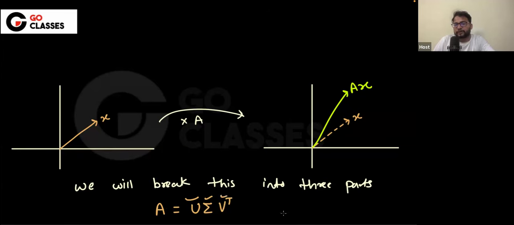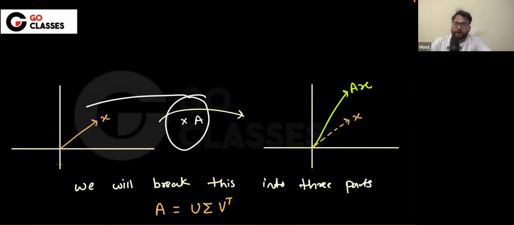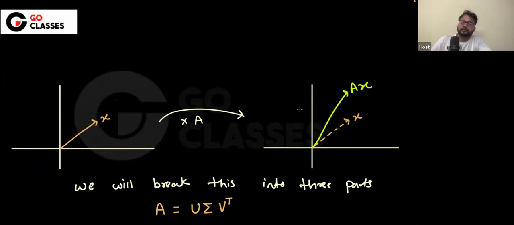So first part, second part, and third part. Is this clear to everyone, what we are trying to do? We are trying to understand what a matrix does to a vector, and we want to understand this geometrically. I hope the goal is clear to everyone.